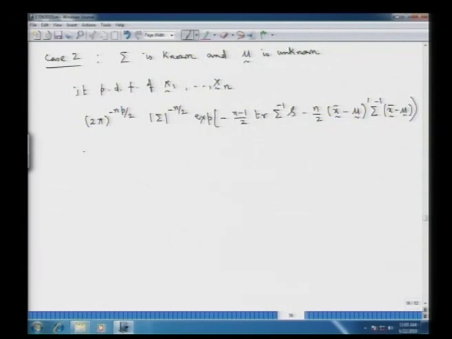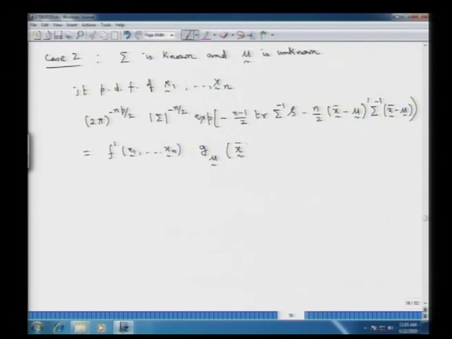Now, we write this as another function f1 of x1, x2, xn. So, we are trying to reduce it to the form of the Neyman-Fisher factorization. Now, the only unknown parameter in this case 2 is the mean vector. So, we are trying to find out what is that particular function which depends on mu and also depends on x1, x2, xn through some statistic.